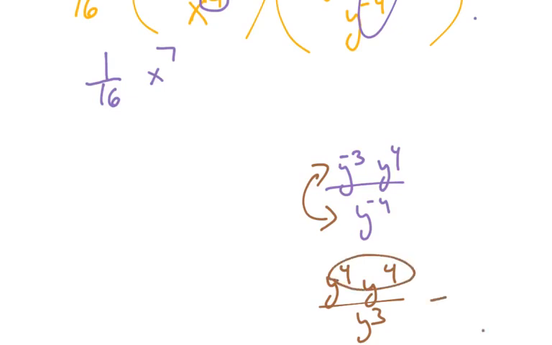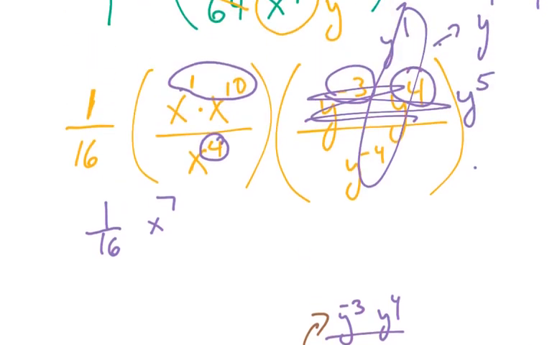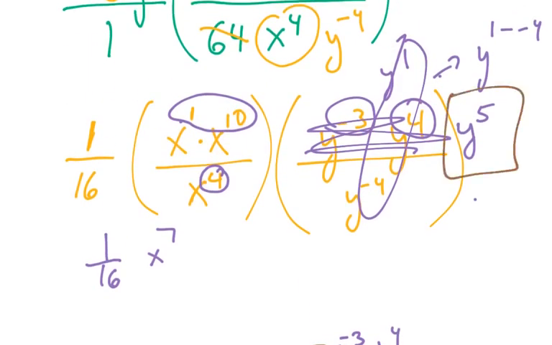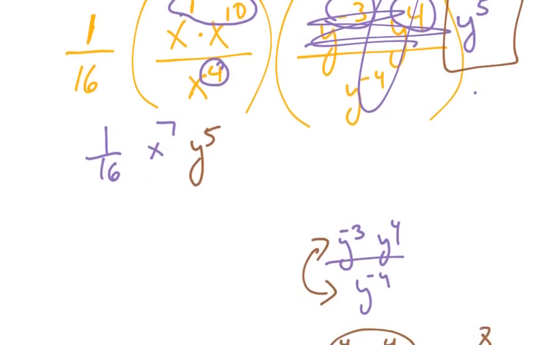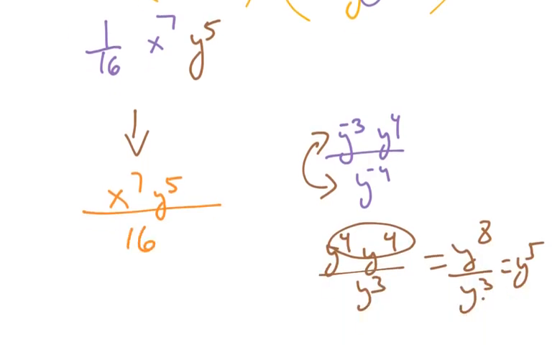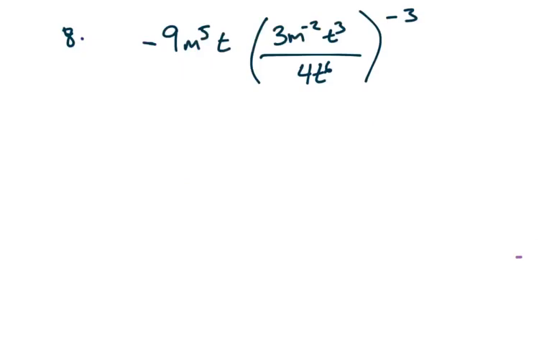Then add these, that's 8, that's 3, and that'll give you y to the 5th, okay? But either way, you're going to get the same thing. And so that's my answer. You may see it written like this. But potato, potato, they both work.